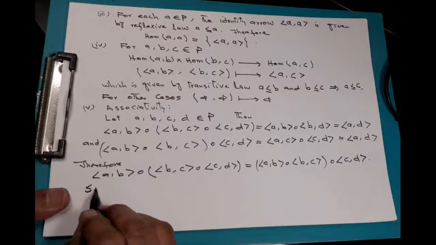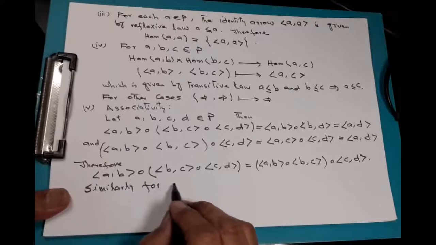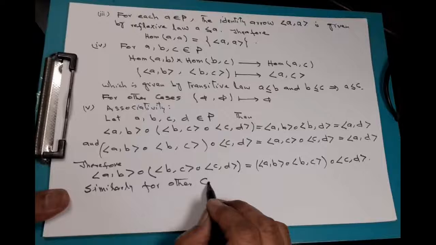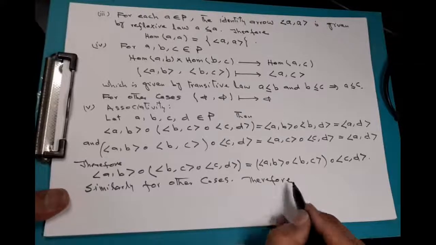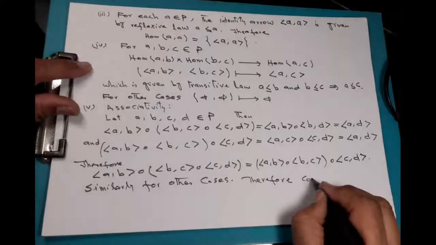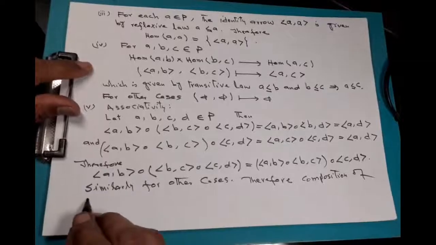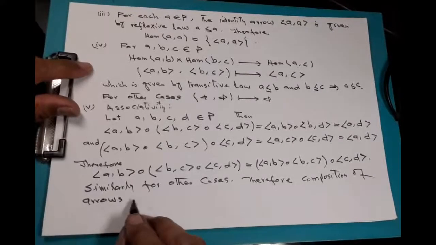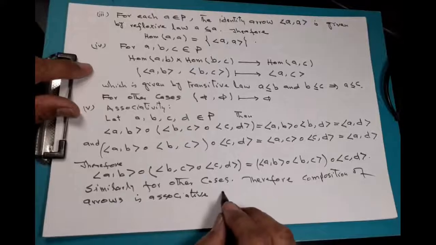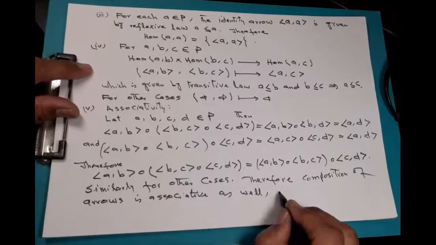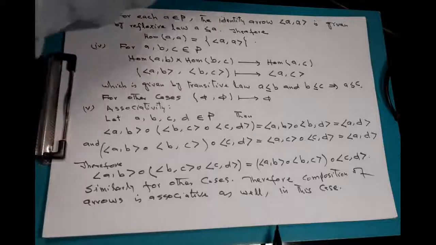Therefore, composition of arrows is associative as well in this case. So this was associativity.